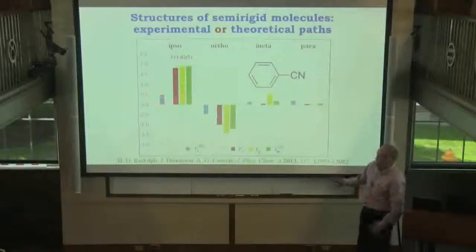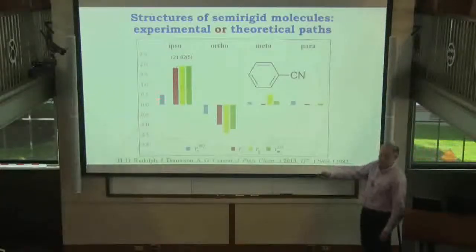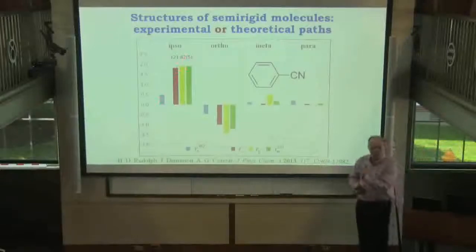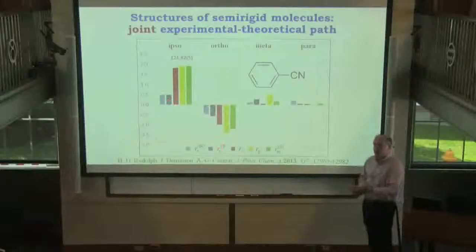Two years ago, we repeated the computation at the coupled cluster level with infinite basis set, whatever, and we got basically the same answer. Very different from experiment. Very different, if you consider the uncertainty in the experiment, okay? Now one can do a semi-experimental equilibrium structure determination, combining experiment and theory, and guess who is right.